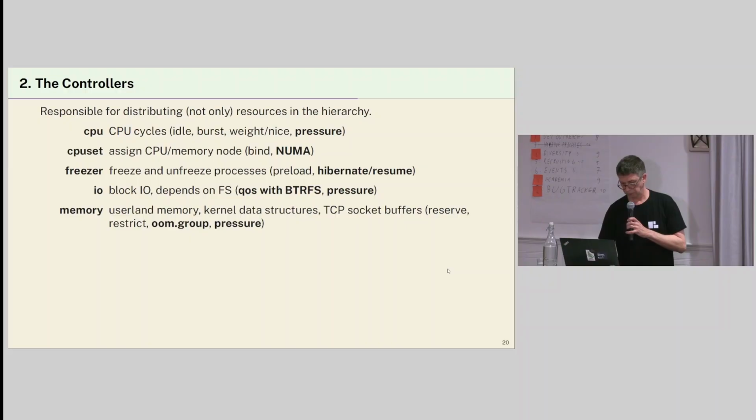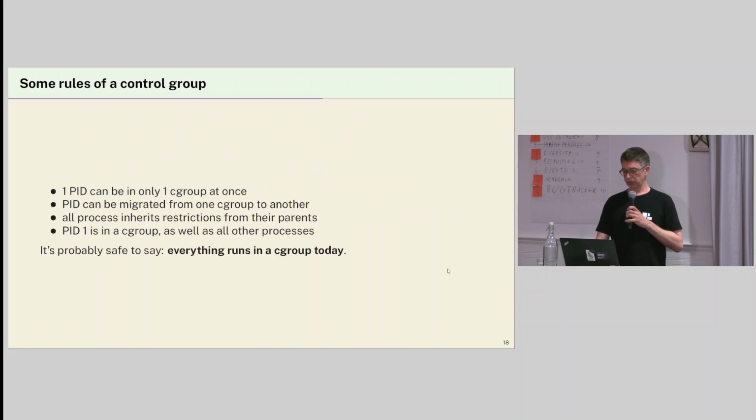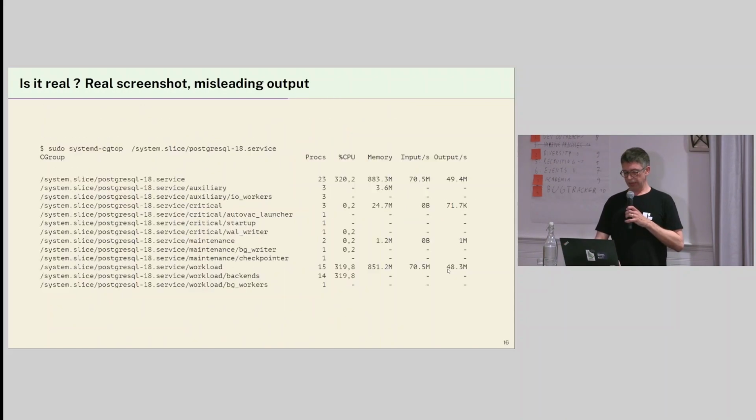Here, this one is a point which allows you to kill the whole cgroup at once. Okay, so if we go back here, say I want to kill all the auxiliary at once, it's possible. I want to kill all the backends at once because I fear that they keep using the shared memory and I don't want that to happen. I can kill all the workload if I want. Okay?